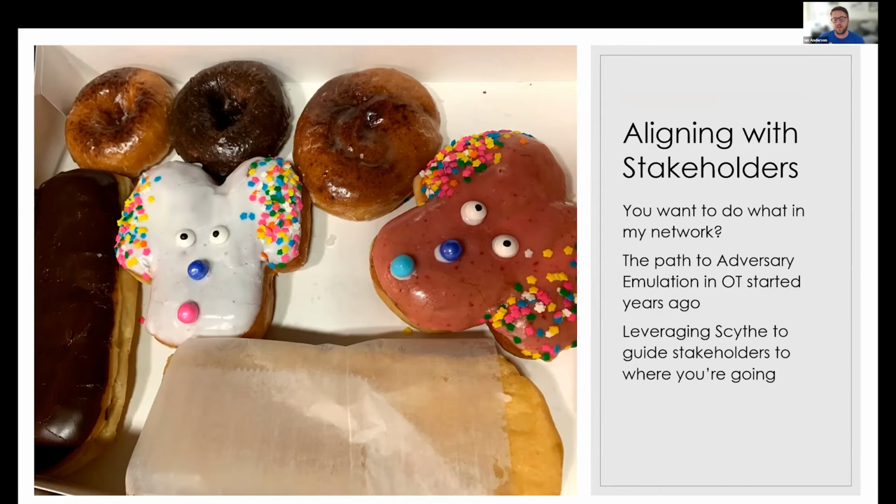So in terms of aligning stakeholders with our adversary emulation efforts, this is something we are using Scythe to help us do. We use the Scythe Purple Team engagement, the reports, that process to help make sure that leaders understand the value that is being driven here. So it's not just launching a bunch of malware, pulling logs out of our tools and seeing what we can improve.